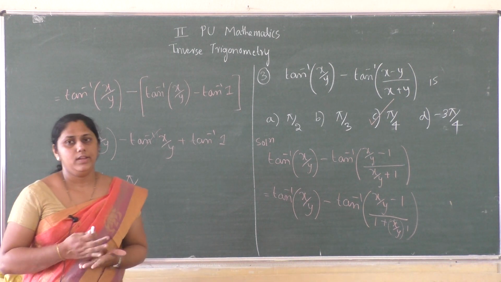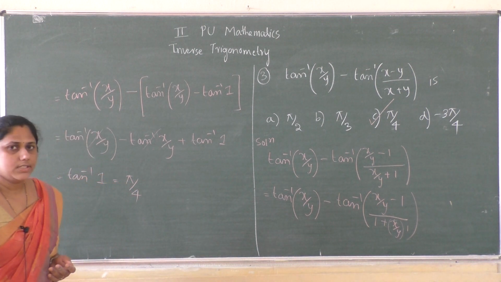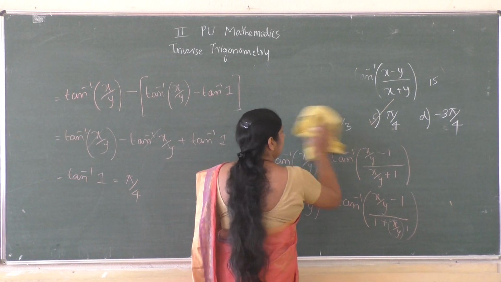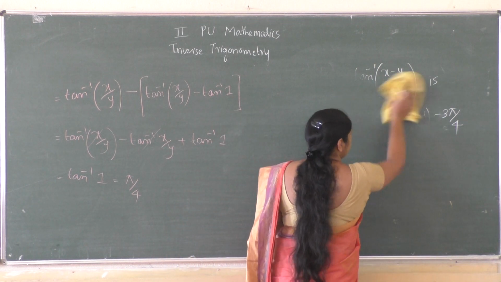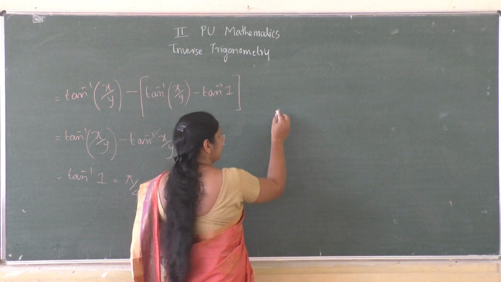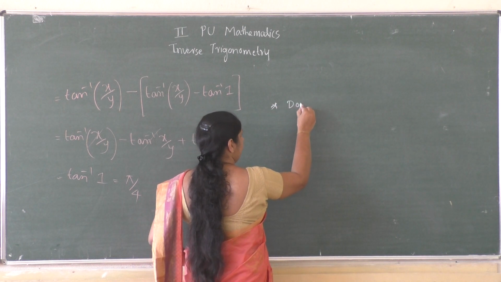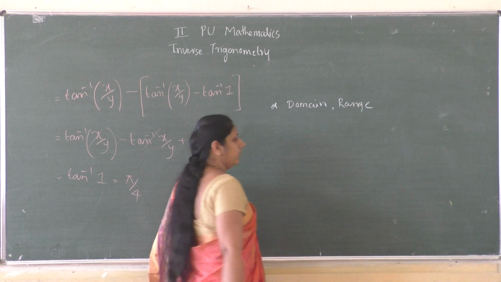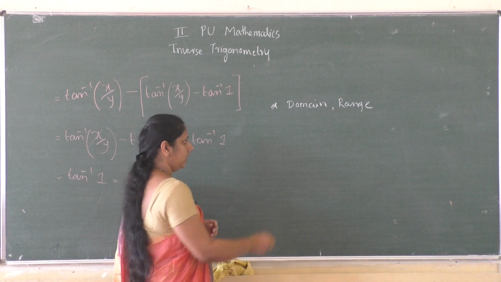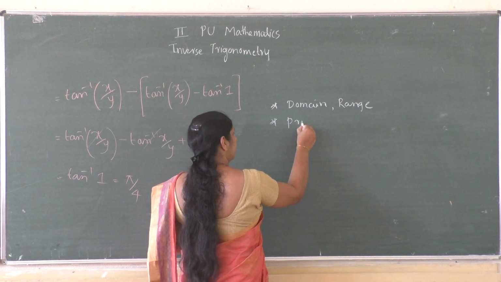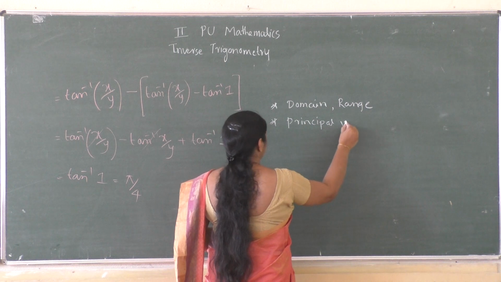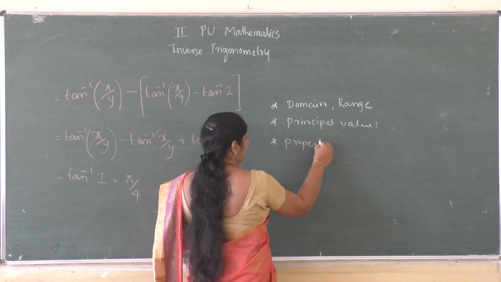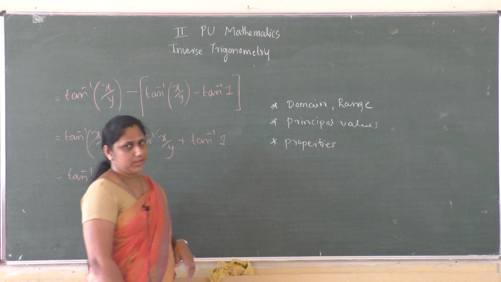See, this is the end of the inverse trigonometry chapter. In this chapter, we have to remember these things. First one is the domain and range of the 6 inverse trigonometric functions. Then how to find the principal values, and you have to remember the properties of inverse trigonometric functions.